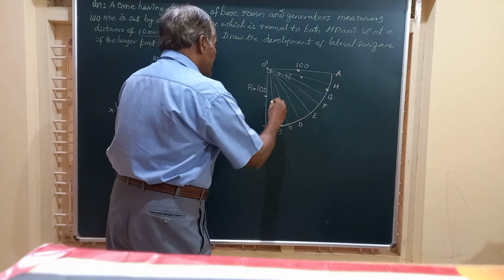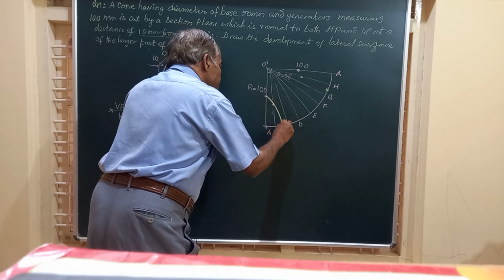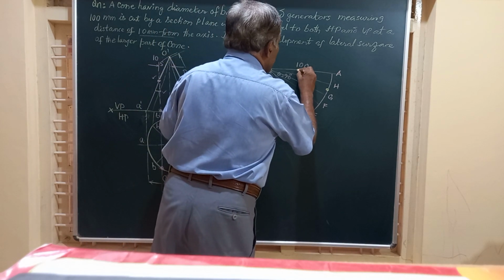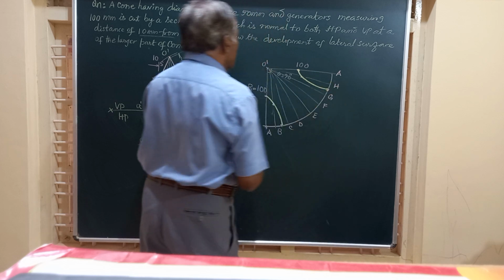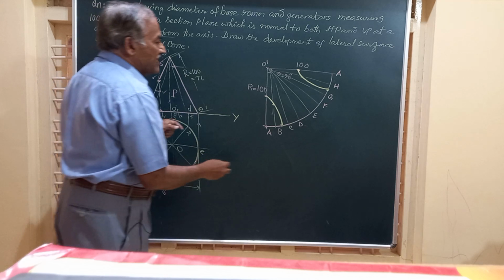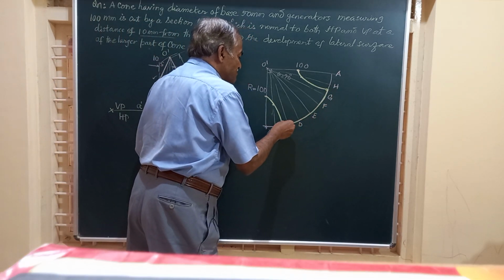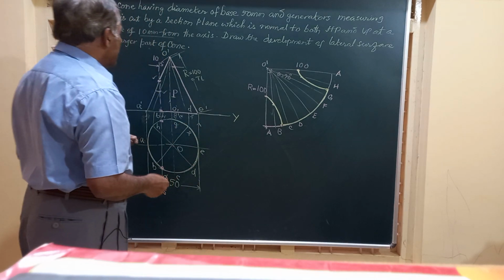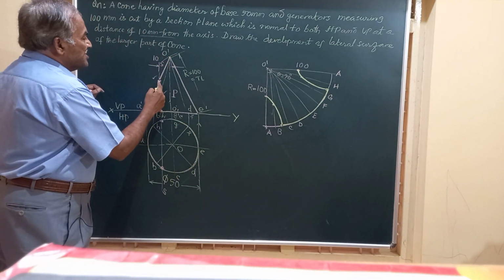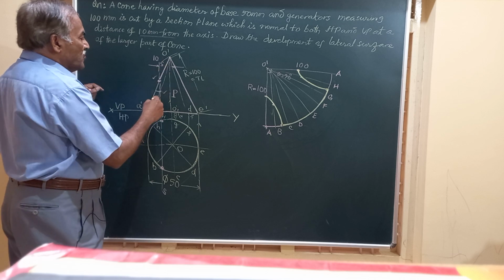So friends, I am going to join these by a smooth curve, again here by a smooth curve, and this part is retained, the larger part, darken that. And finally friends, all these generators above this are available, that is on OA.